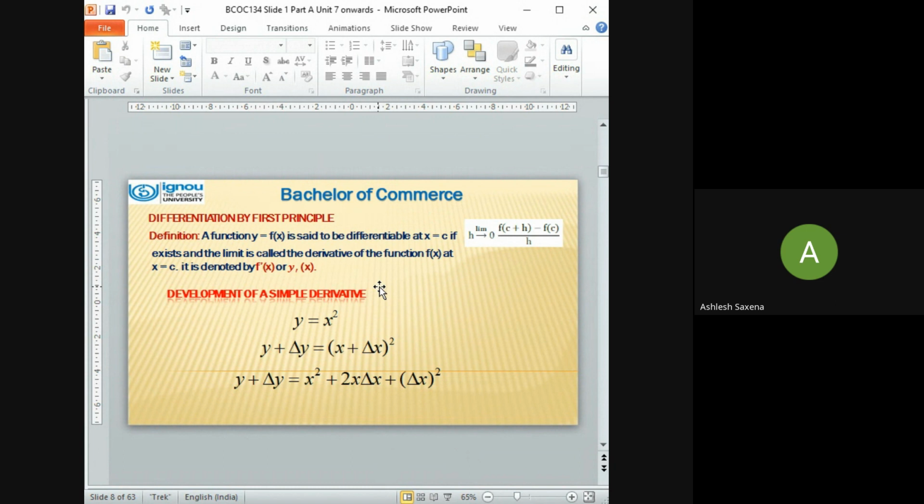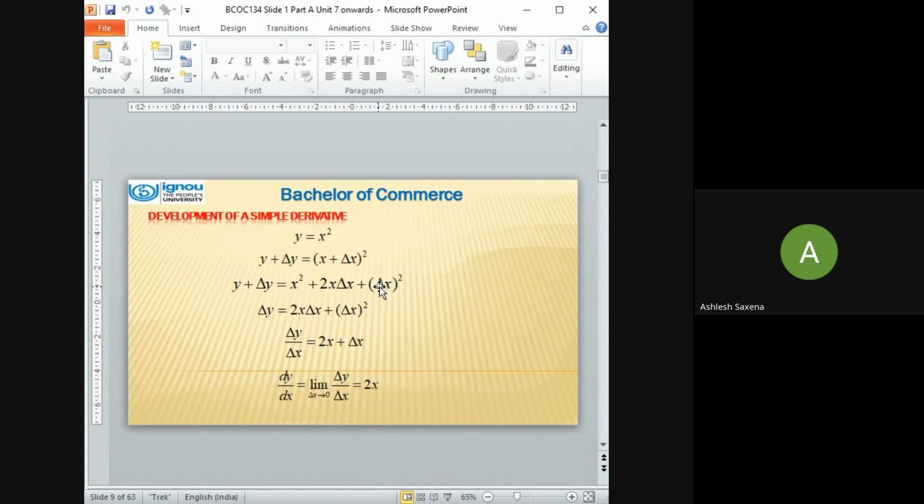Now open it. The left side will remain the same. On the right hand side, a plus b whole square is a square plus 2ab plus b square. Right away it becomes x square plus 2x delta x plus delta x whole square.